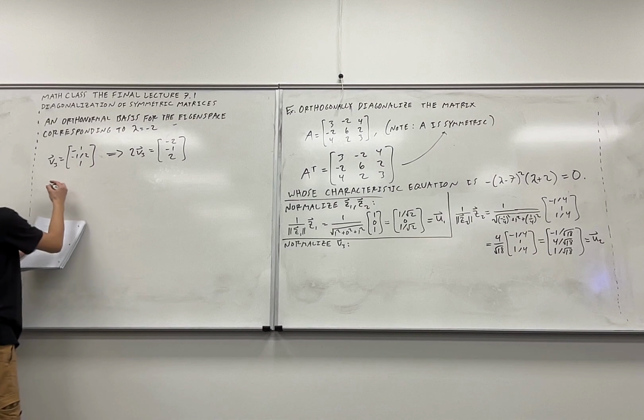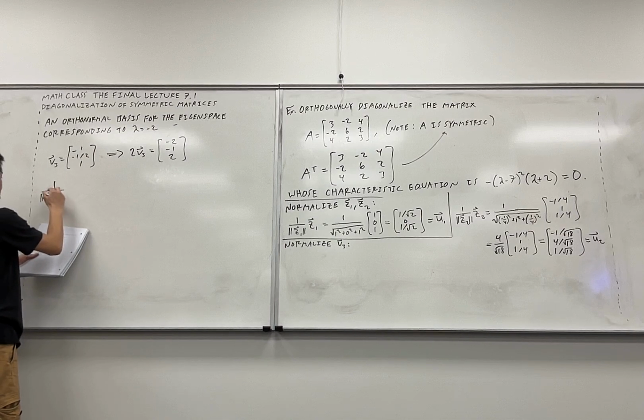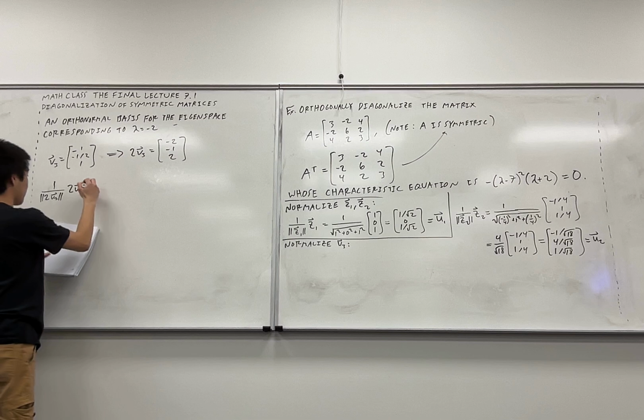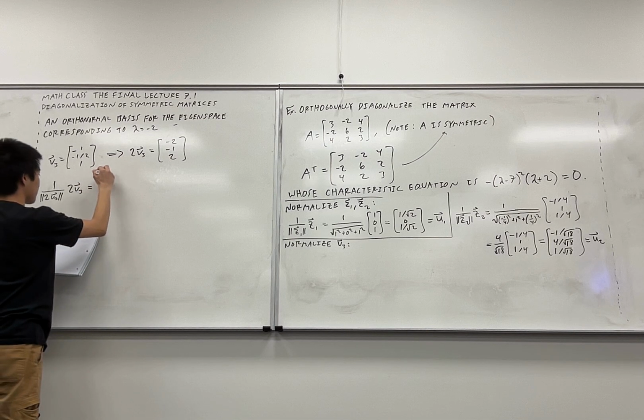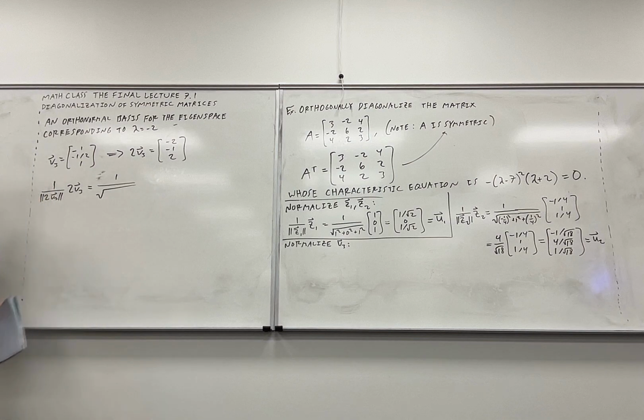So I can do 1 over the length of my scaled version of V3 times the scaled version of V3. That's going to be 1 over, okay, what's the length of the easier version? 3.